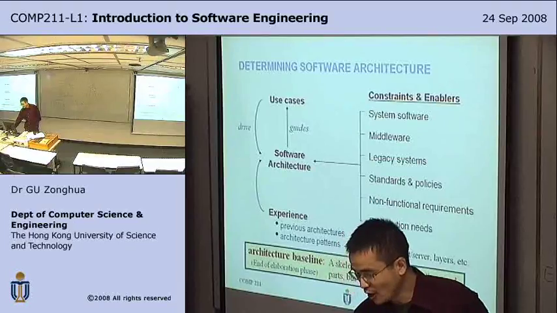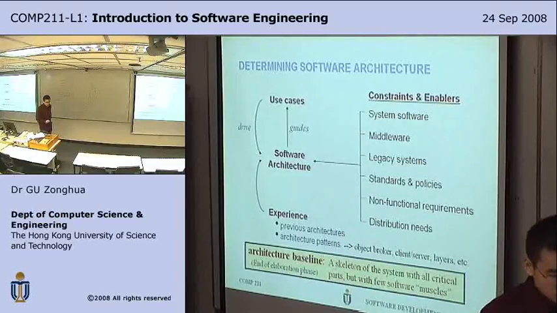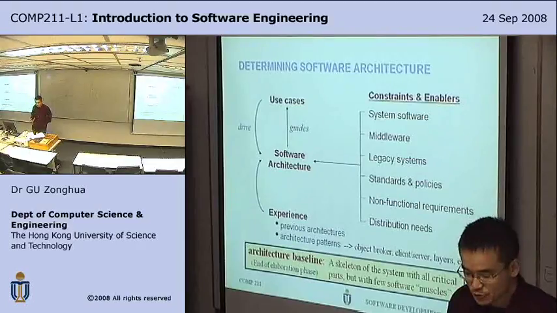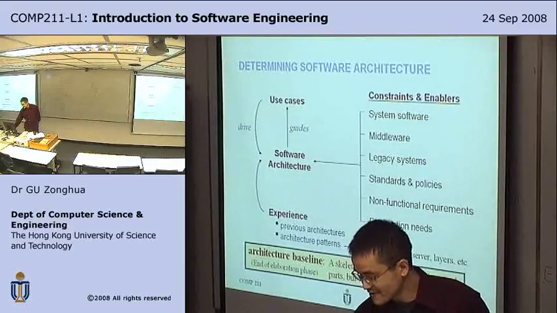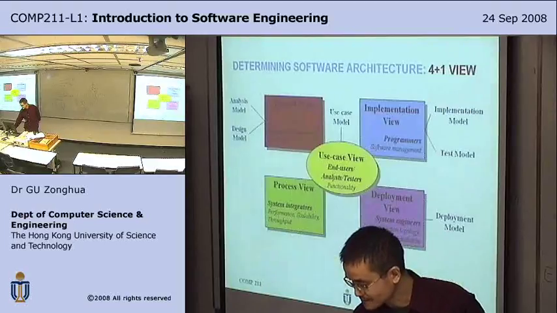And you will evolve the architecture baseline gradually as you go, incrementing it into future iterations, and eventually deliver a full feature product.